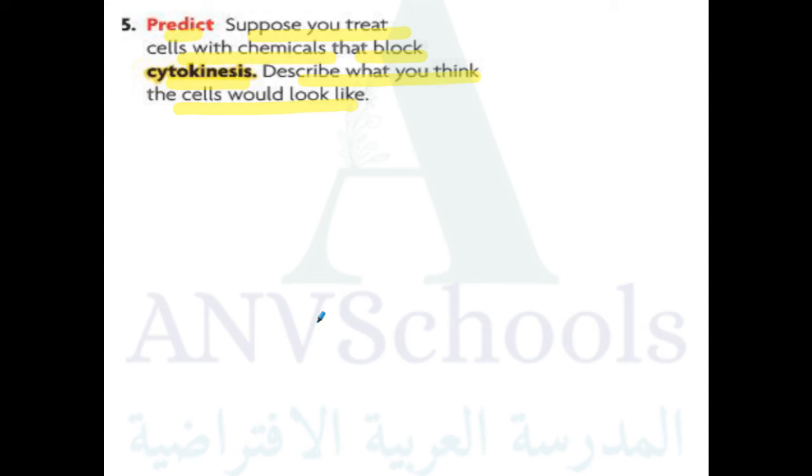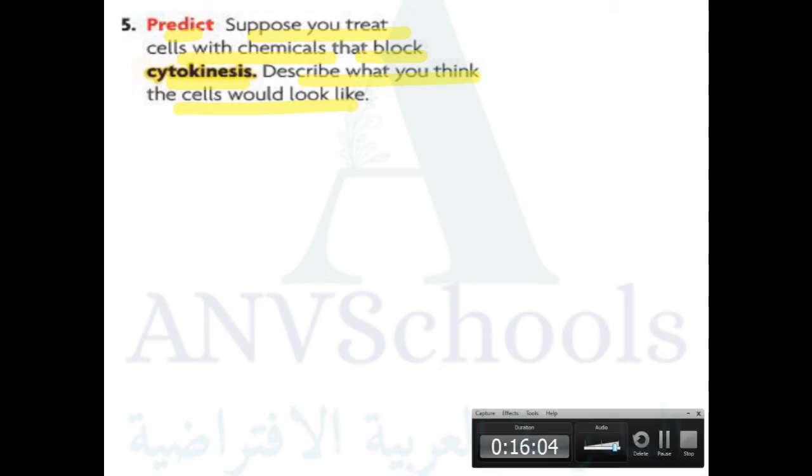So what happens is that if cytoplasm is not divided, then what happens? If cytoplasm is not divided, then what would happen is that the cell will have two nuclei.